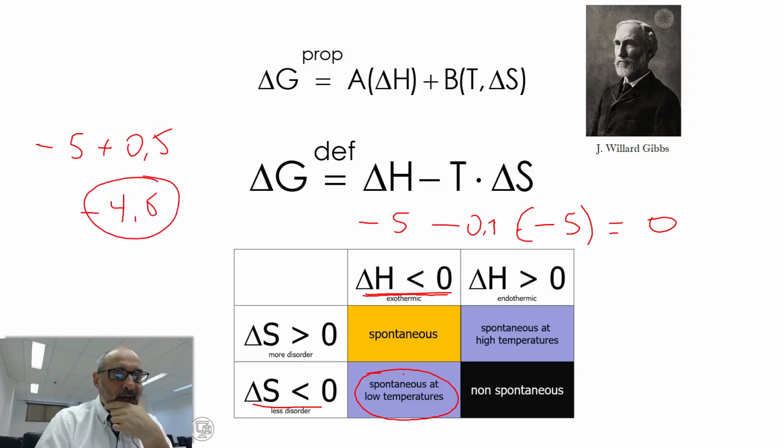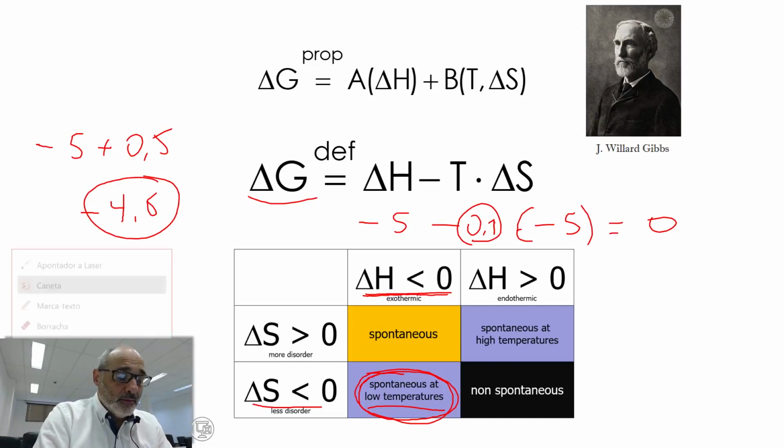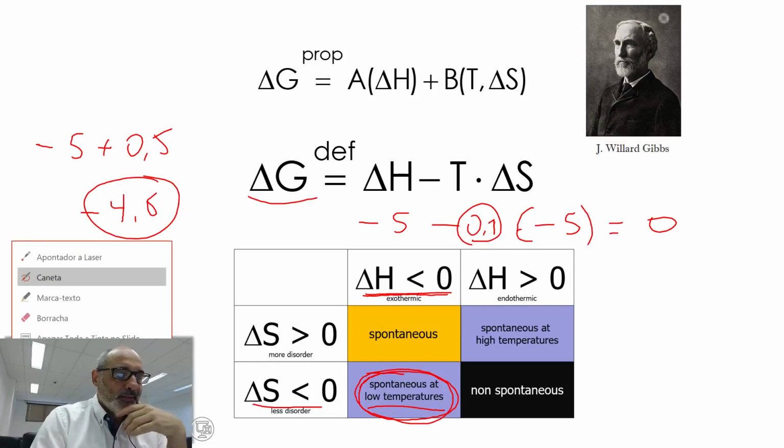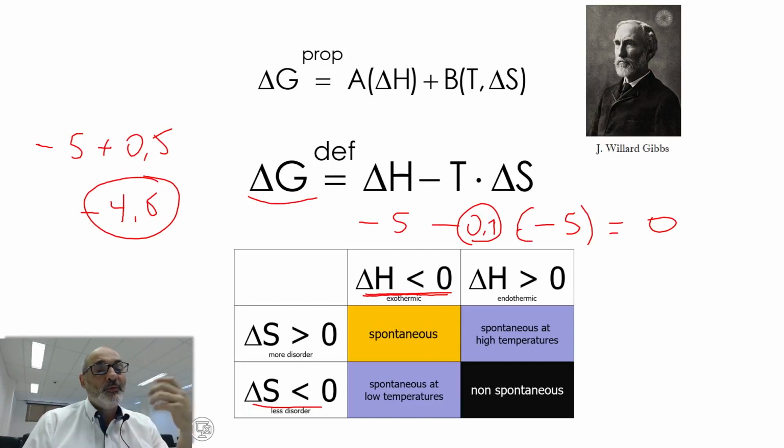So it's spontaneous at low temperature. When the temperature decreases, this variable becomes more negative, so more spontaneous. We can do this for all situations here, and we conclude that this is a correct definition for what we want to measure, the spontaneity of a process.